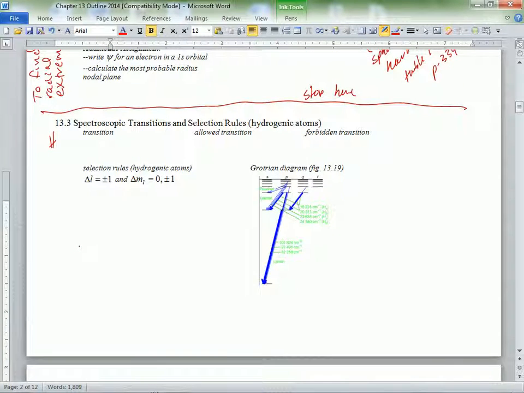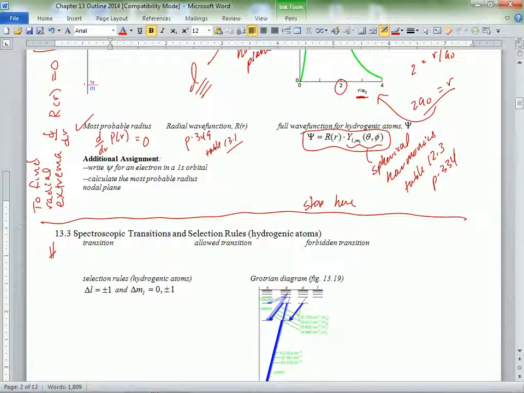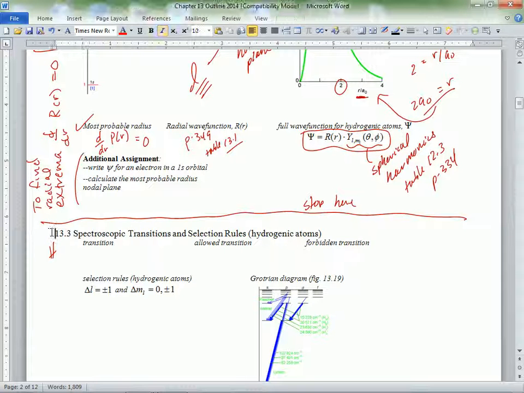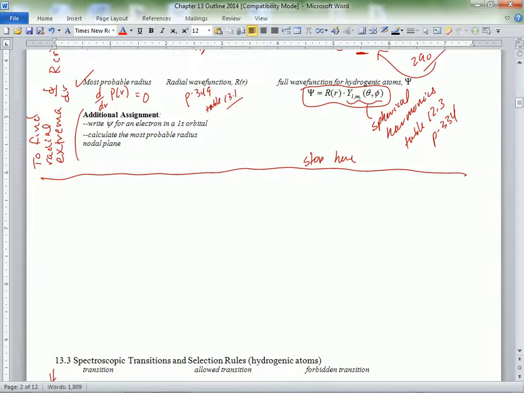Additional assignment. Everything above the line, nothing below it. Let's write the wave function for an electron in a 1s orbital. And then we want to calculate the most probable radius.